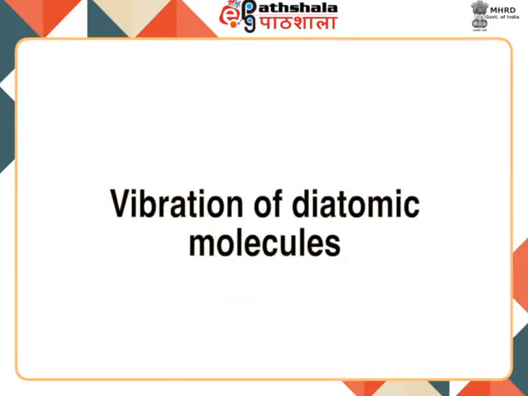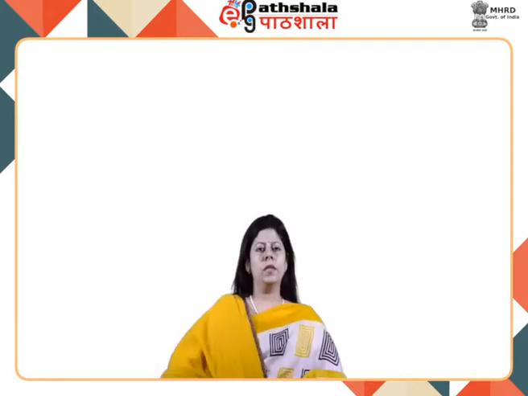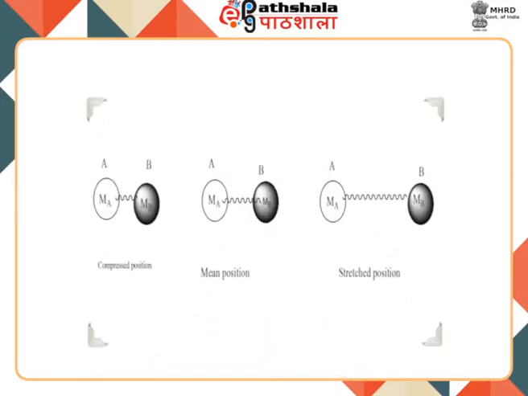Let us see the vibration of a diatomic molecule. Two atoms A and B of a diatomic molecule may be regarded as two balls of masses Ma and Mb, and the covalent bond connecting these atoms may be regarded as a weightless spring holding such balls together. In the diagram which is shown here, we have three cases.